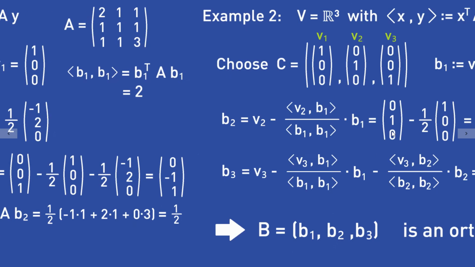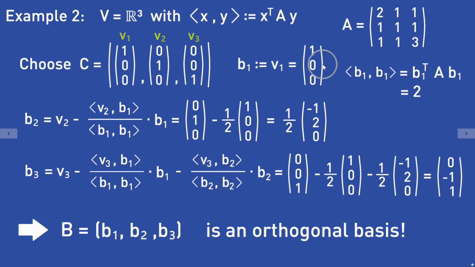Now these three vectors, B1, B2, and B3, form an orthogonal basis of R3 with respect to that particular scalar product. If you want, you can now normalize these vectors B1, B2, and B3 by dividing them by their Euclidean norm.